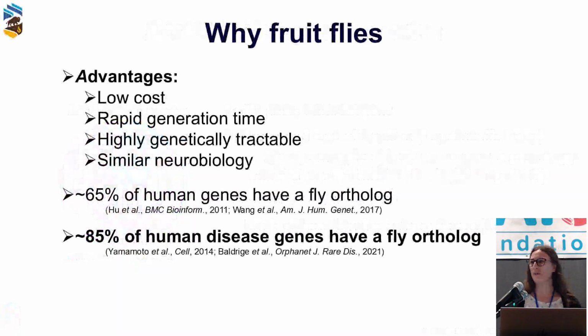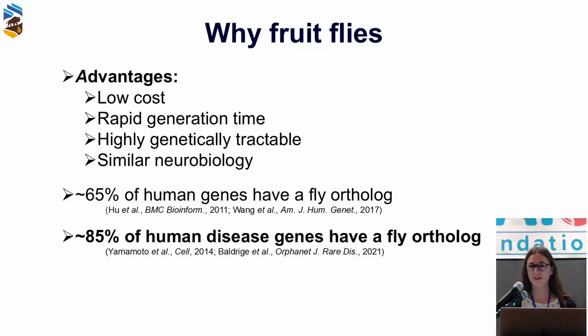Why we're using fruit flies is because they're relatively low cost. We can get results very quickly. We can do a cross in just 10 days and start to see results. They're easy to genetically manipulate and create different human genetic changes in the fruit fly to study.